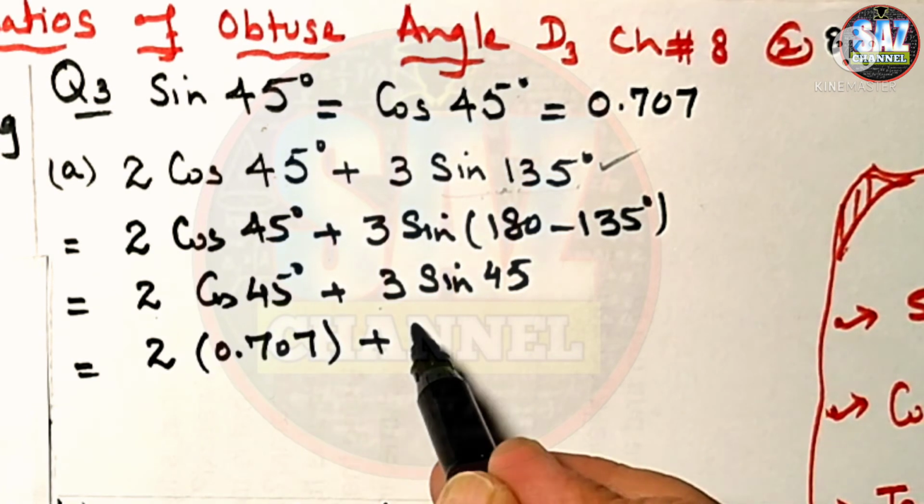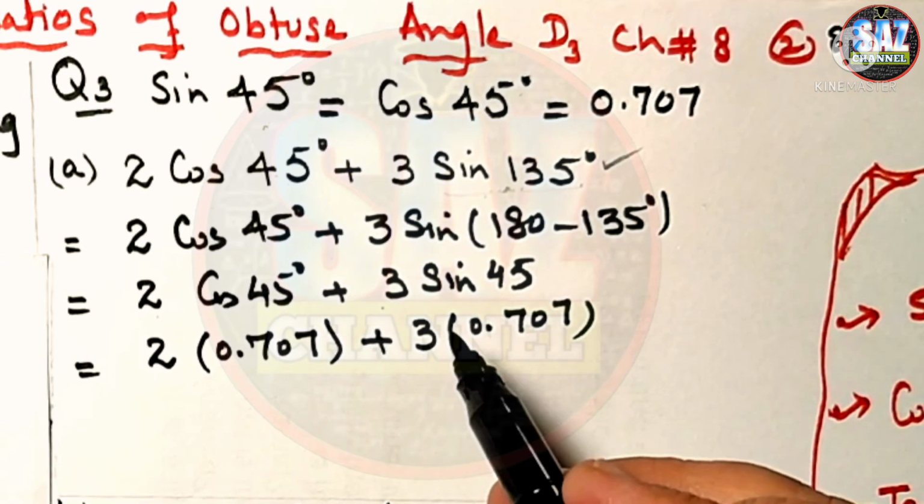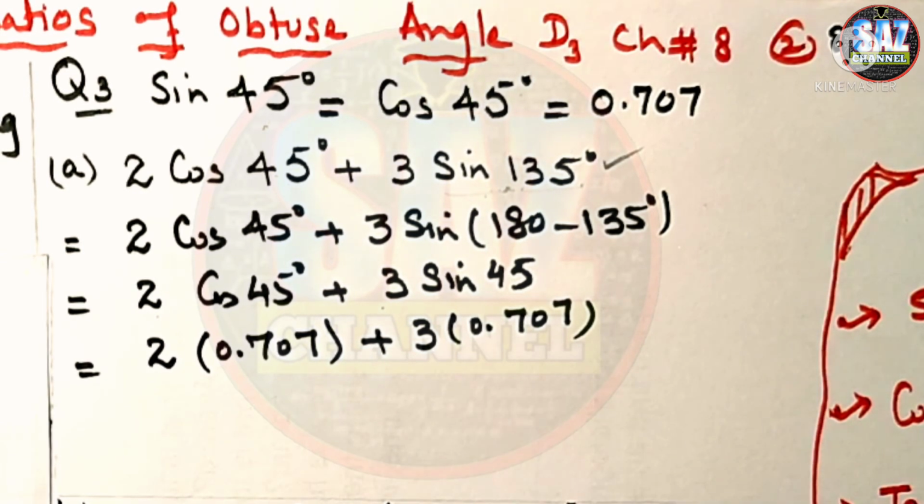This is 2 times 0.707 plus 3 times 0.707. Now we have to multiply.